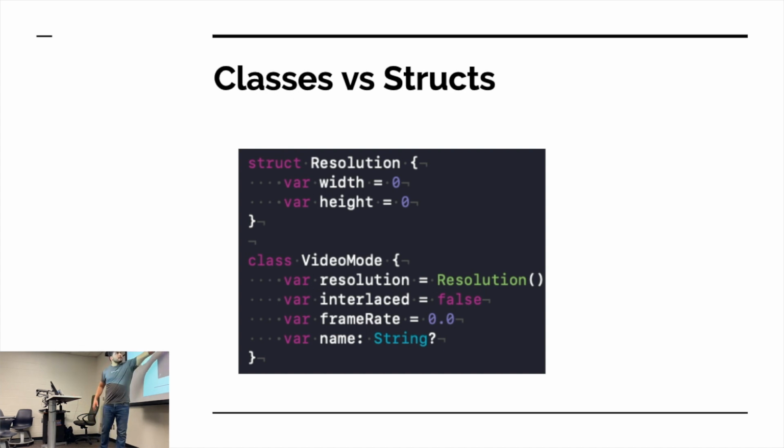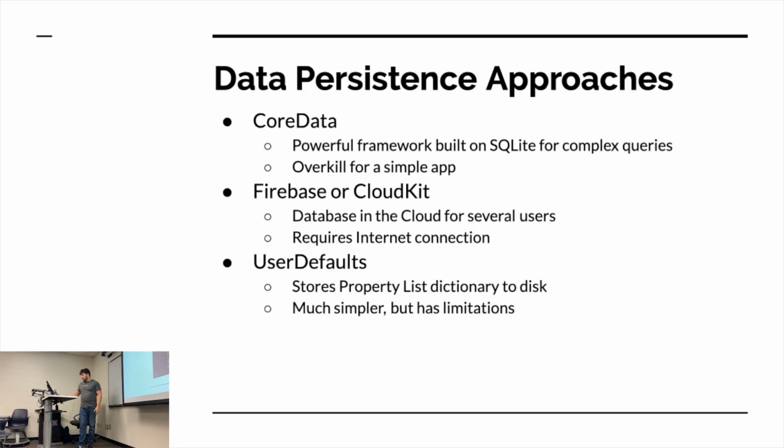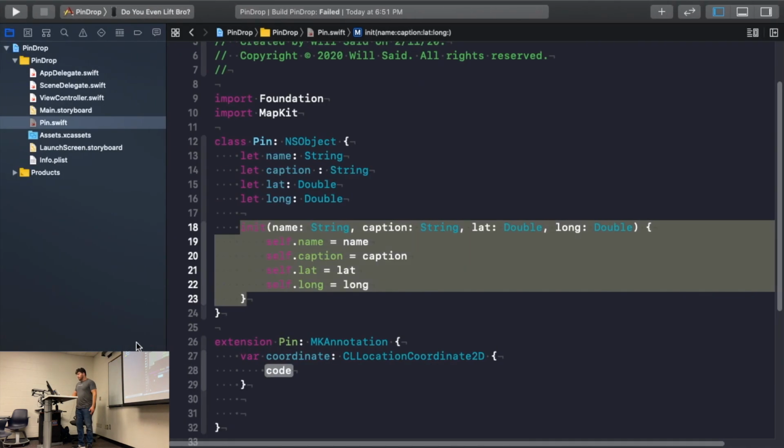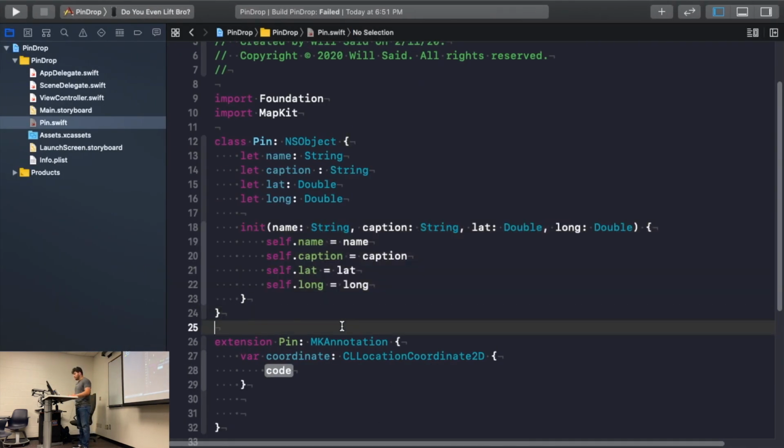If you got rid of this equals 0 for both width and height, you should be fine, because you don't need an init for a struct since it auto-synthesizes the initializer for you. You've probably seen this in your own code, but with a class, you need an init, or you need to specify default values for this. We're going to talk about data persistence later. So that was just a rundown on classes versus structs.